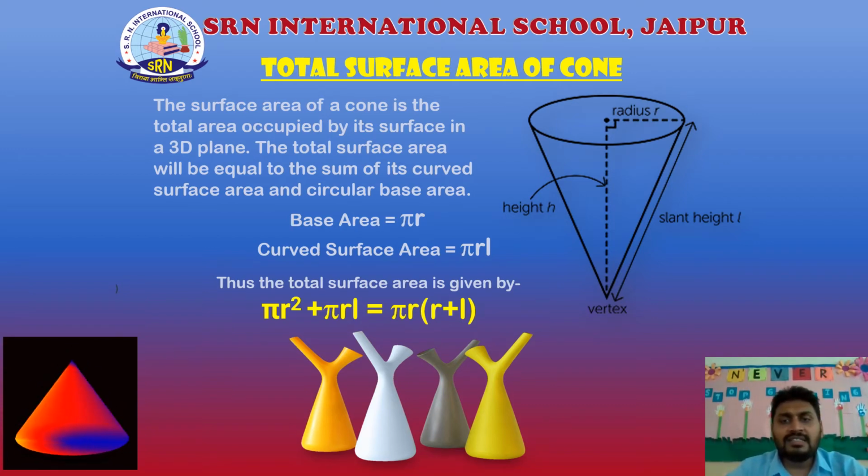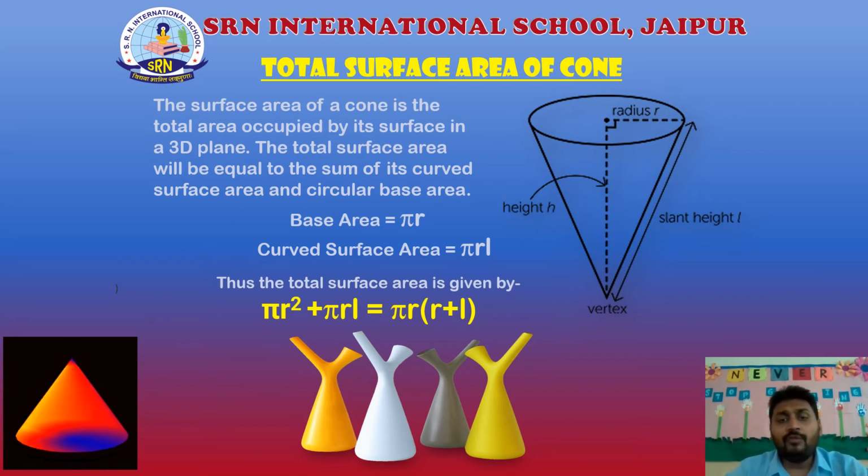Now the distance from the center of that circular base to the circumference is known as radius, and the distance from the center of that base to the vertex is the height of the cone. Next, one more height is there. Actually it is not height, it's a length which comprises the curved part.